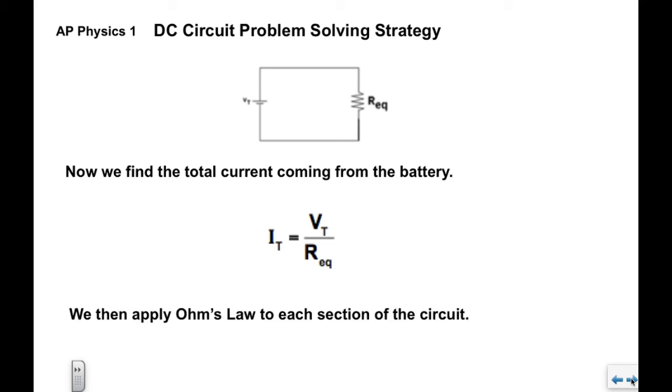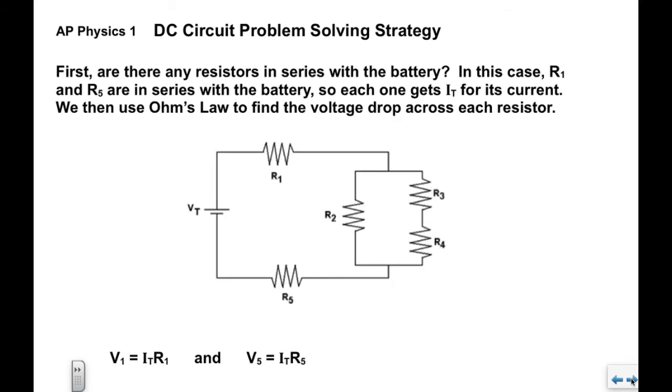And then we have to go back and apply Ohm's law to each section of the circuit independently. So the first thing we want to look at here is if there are any resistors in series with the battery. In this case, R1 and R5 are in series with the battery, and we know that the total current in both of those cases, the only option it has is to go through R1 and then through R5.